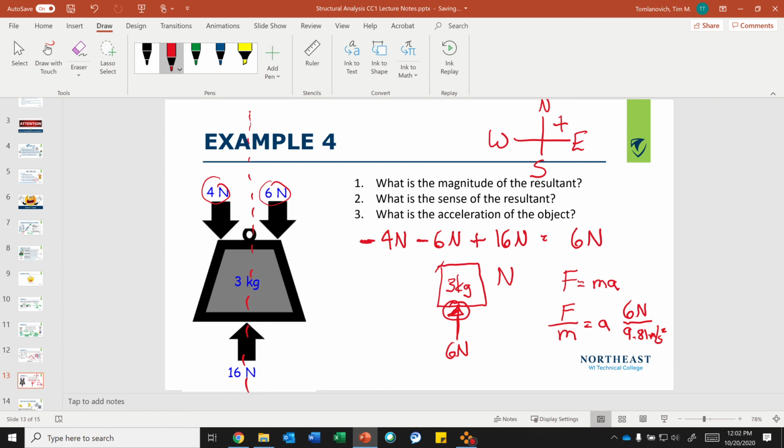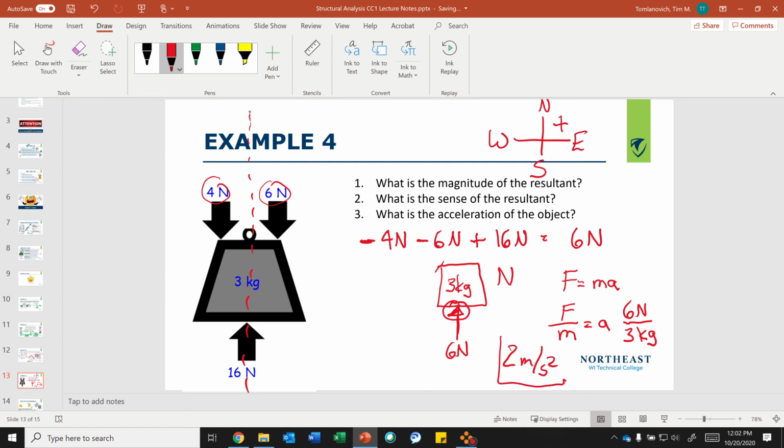I'm sorry, that's not mass. That's acceleration of gravity, because my mass here is 3 kilograms. So 6 divided by 3 is 2, so 2 meters per second squared.